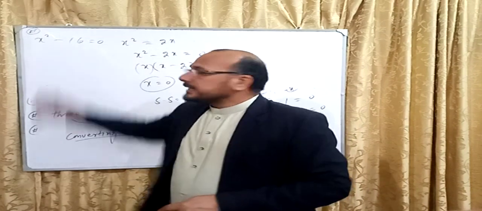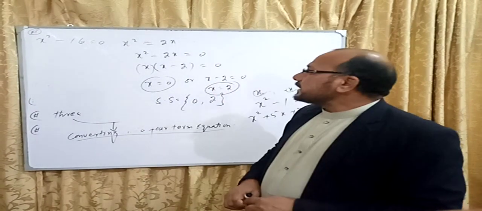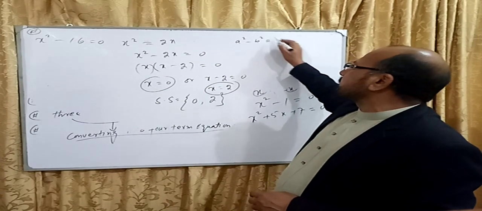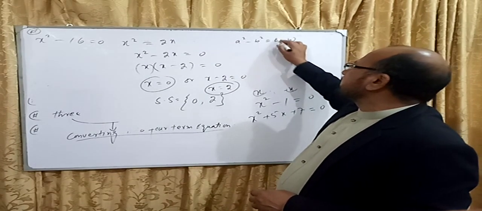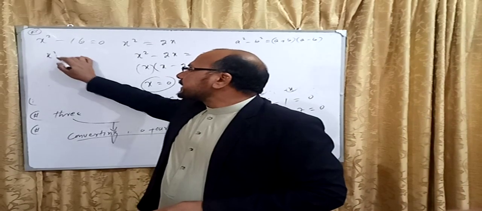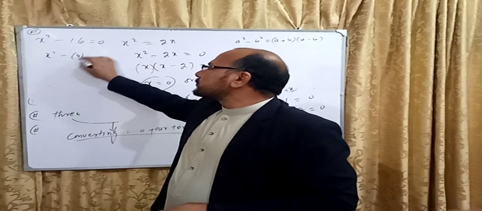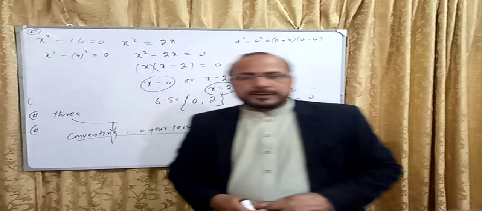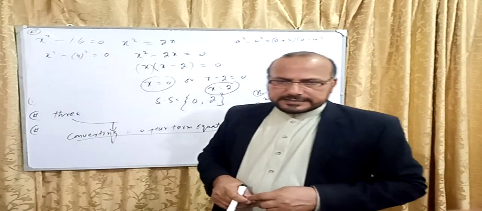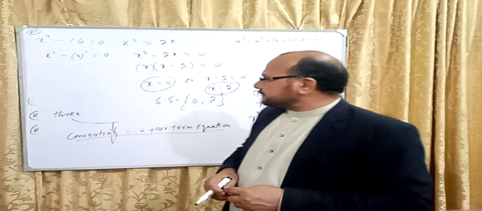Now if you see, there isn't any common element, but we can make it in the form of a square minus b square, which gives us a plus b multiplied by a minus b. So we can write x square minus 4 square equal to 0, because 16 is the square of 4.